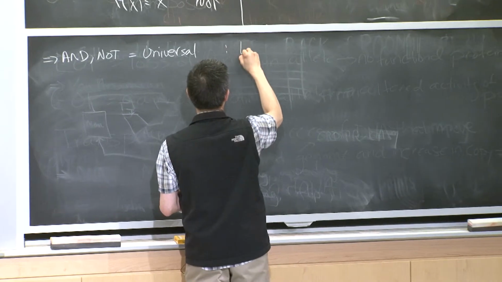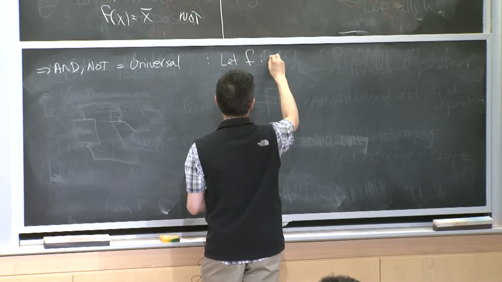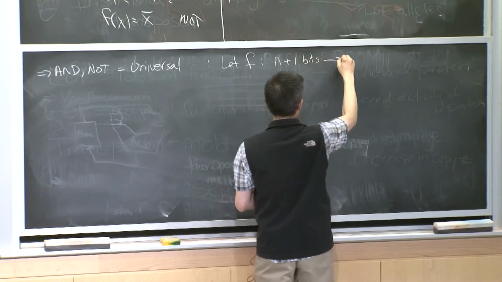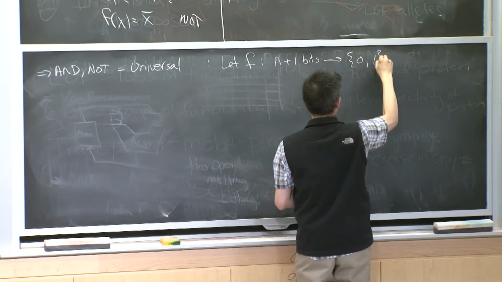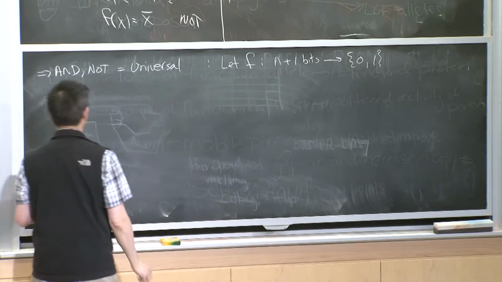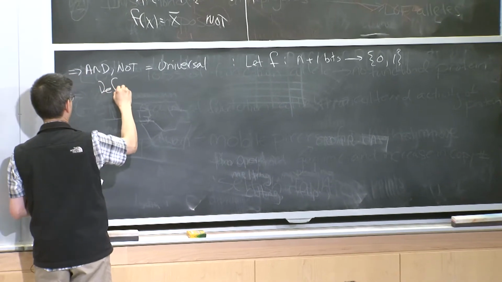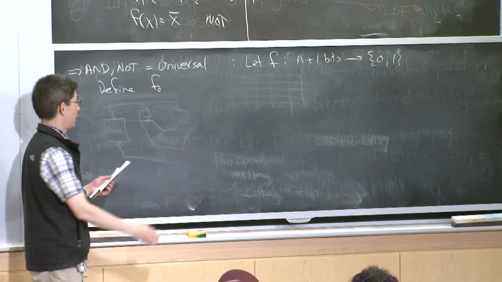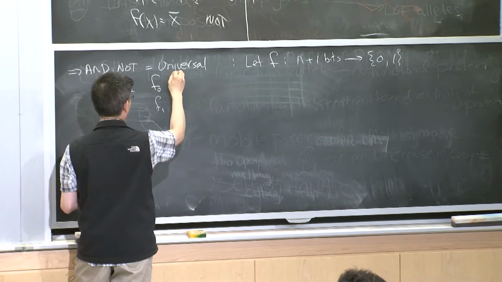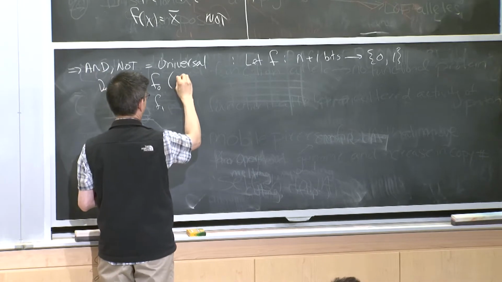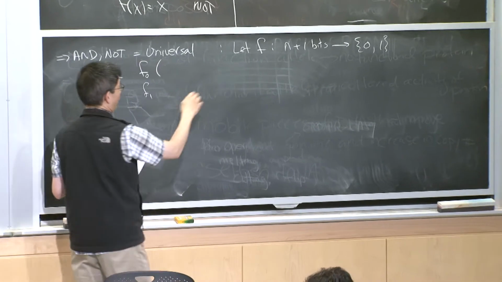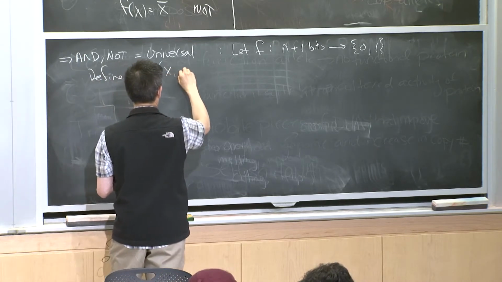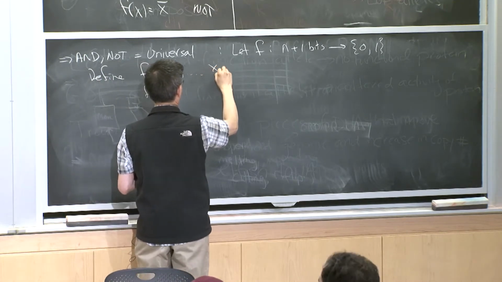Let f be a function which maps n plus 1 bits to just 1 bit. And then we may define two other functions, one called f0 and another called f1. And f0 will take in just the n bits, so x1 through xn.